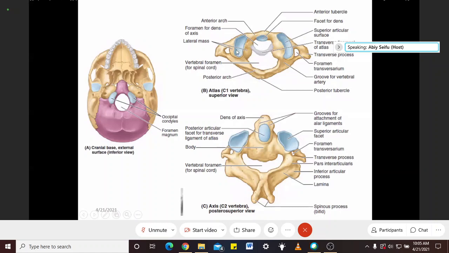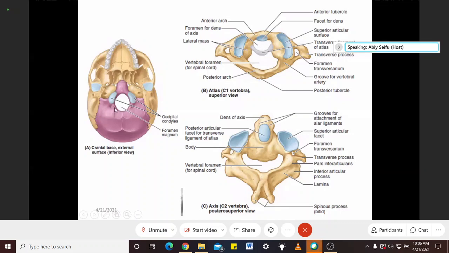The inferior one is opposite to this one, which is not visible here. So the superior articular facet articulates with the condyles of the occipital bone, which is part of the cranium. This one is the occipital bone, which has an occipital condyle lateral to the foramen magnum.